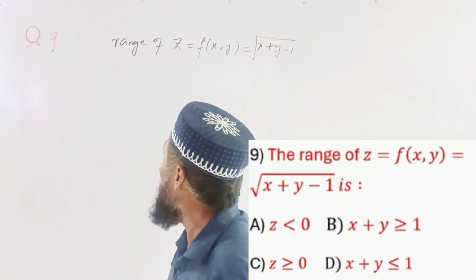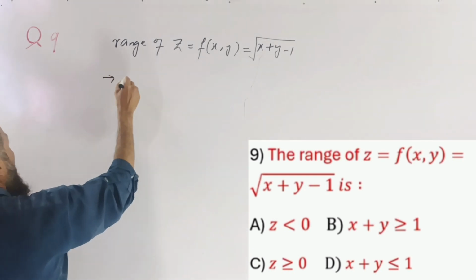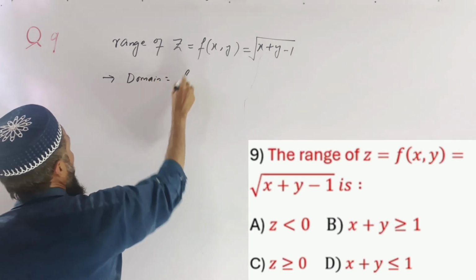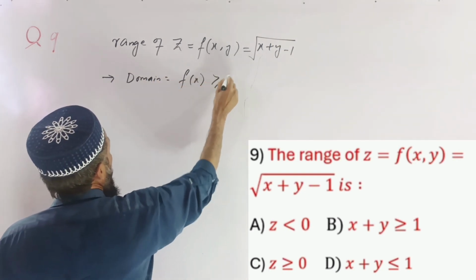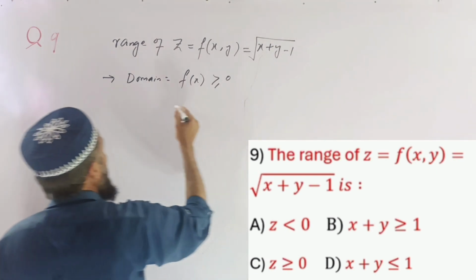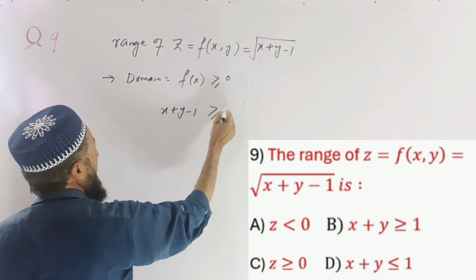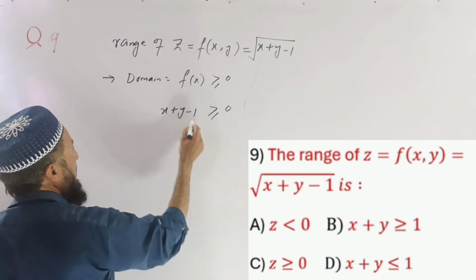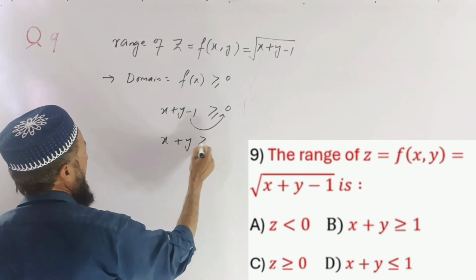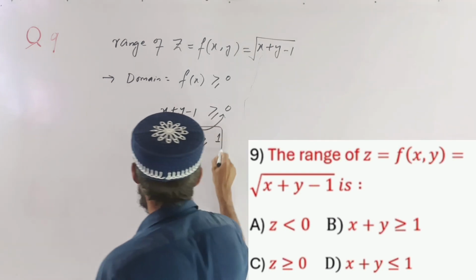If we use the domain property, f of x must be greater than or equal to 0. So for this function, x plus y minus 1 is greater than or equal to 0, so x plus y is greater than or equal to 1. That is the domain.